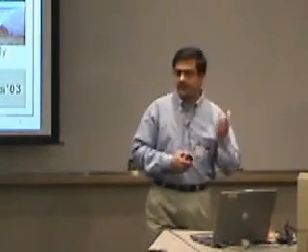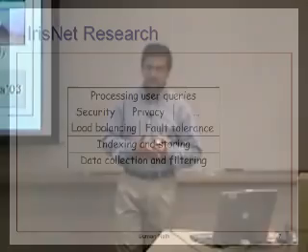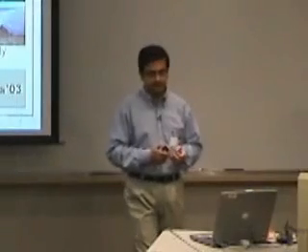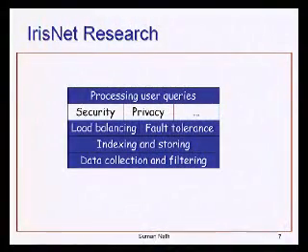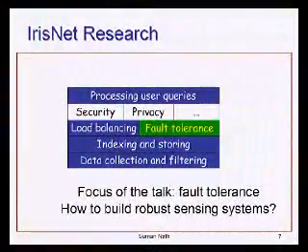The second application is an ocean monitor service that I described before, and it was developed by a group of oceanographers at Oregon State University. They used our code to write their own application, and this is the snapshot that we got from the prototype that they had built. In IrisNet, we have addressed all those basic functionalities that I show here, and of those, I have worked on the components shown in this blue color box.